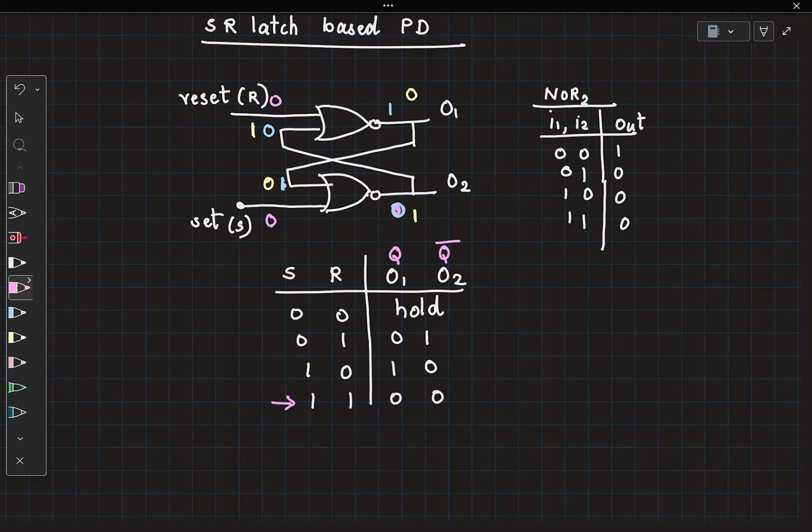When you are resetting the memory, that is when your reset is high, then Q is 0, Q bar is 1. If both of them are 0, meaning you are not setting or resetting, it is holding the previous value. And what does it mean to say I'm setting and resetting the memory at the same time, right? And it doesn't make sense to have both Q and Q bar as the same value. So this is one reason.